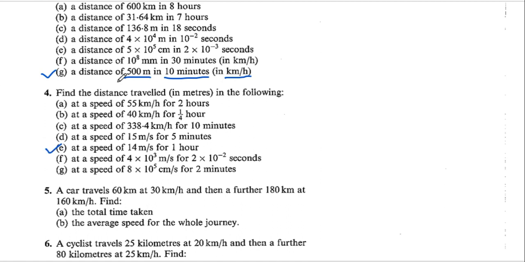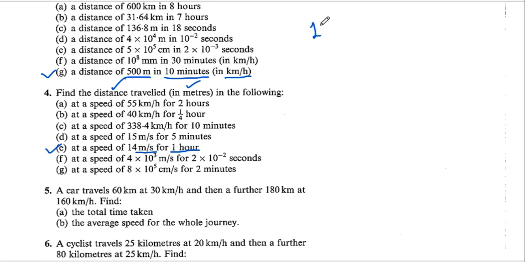Now in 4a, you need to find the distance in meters, where the speed is 14 meter per second for 1 hour. The speed is already in meter per second. You just need to convert this 1 hour into seconds.